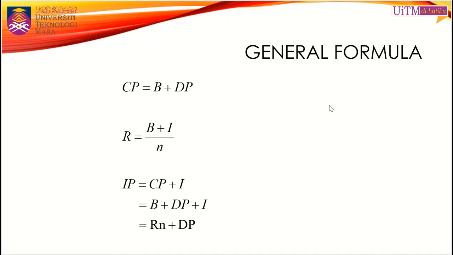Or if you don't have the balance, you can use the formula Rn plus Dp, where you multiply the periodic payment with the total number of payments and then add the down payment. So that is basically some of the important items that you need to know under the topic of installment purchases.